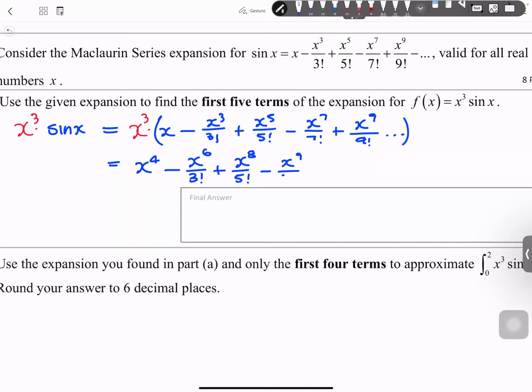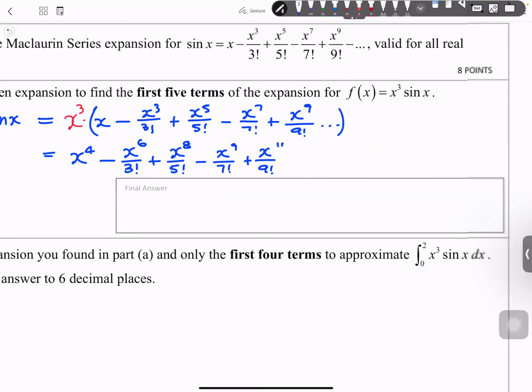X to the power 9 over 7 factorial. X to the power 11 over 9 factorial. There's really nothing to clean up. I could have put it straight into the box, but here we go. X to the power 4 minus x to the power 6 over 3 factorial plus x to the power 8 over 5 factorial. X to the power, hold on, I messed up somewhere. Yes, this is 10.